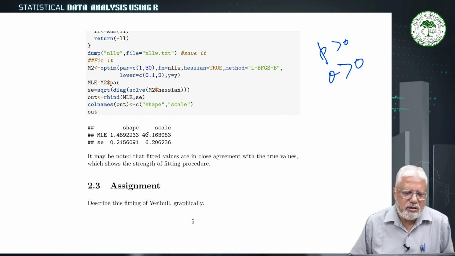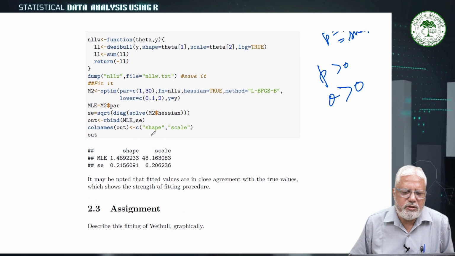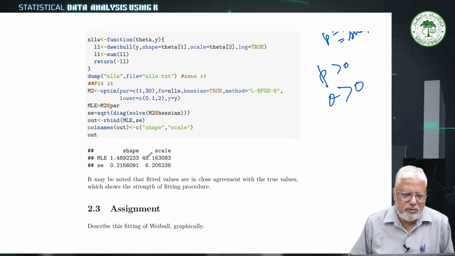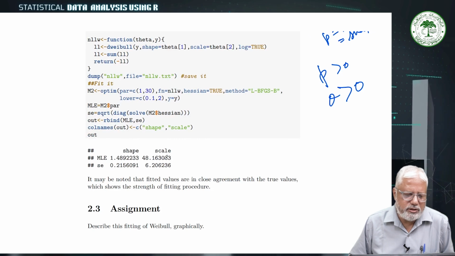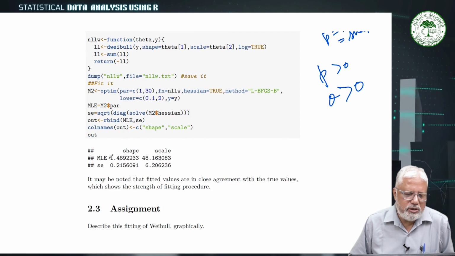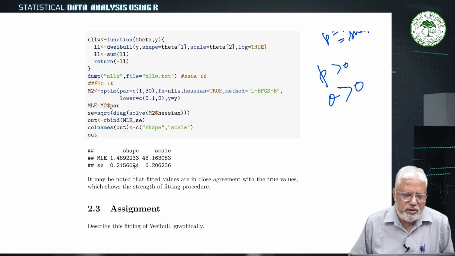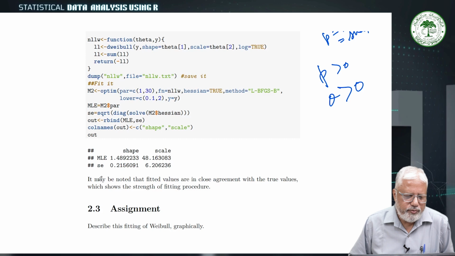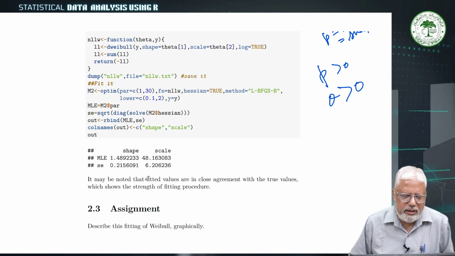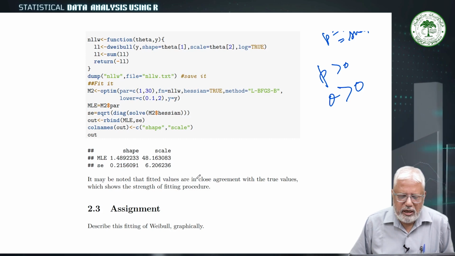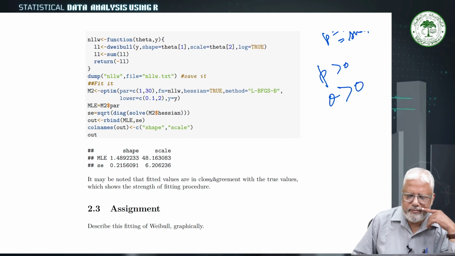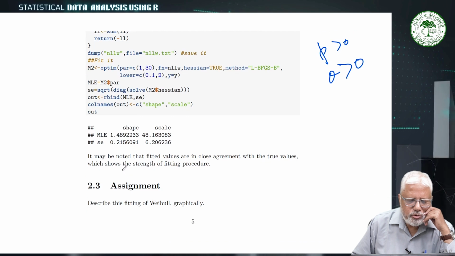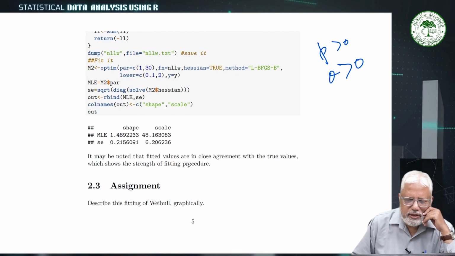We simulated with scale 50, and its maximum likelihood estimator is 48.16. The standard error of the shape parameter is 0.215 and that of the scale parameter is 6.20. It may be noted that the fitted values are in close agreement with the true values, which shows the strength of the fitting procedure.